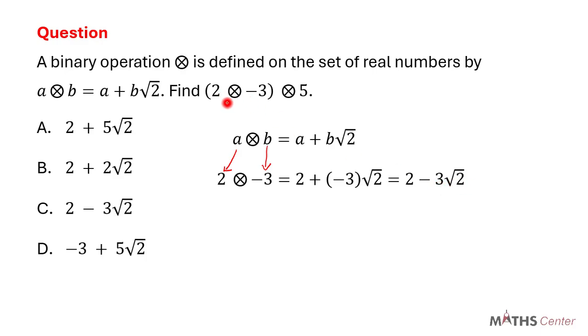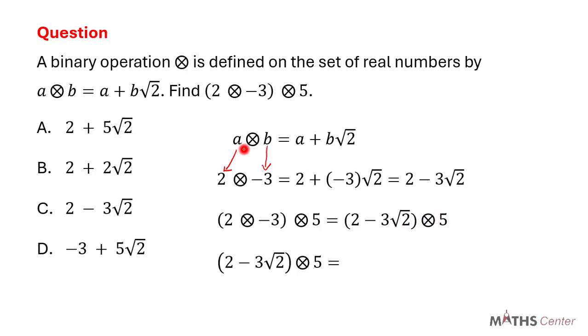So what is in the bracket, which is 2 star negative 3, gives us 2 minus 3 root 2. So then 2 star negative 3 star 5 will be equal to 2 star negative 3, which is now 2 minus 3 root 2, star 5. We can now compute these two.